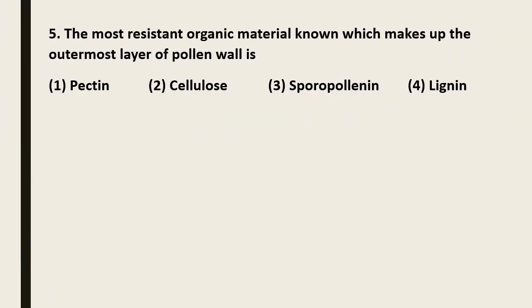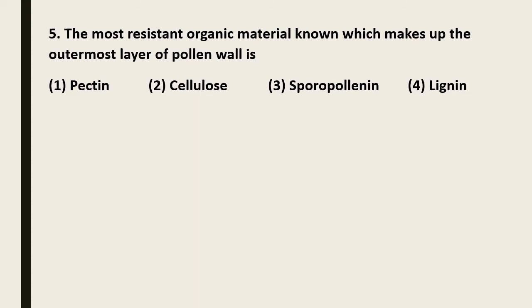Question number 5. The most resistant organic material known which makes up the outermost layer of pollen wall is: 1, pectin; 2, cellulose; 3, sporopollenin; 4, lignin. We all know that the pollen grain is surrounded by the outer exine and the inner intine.